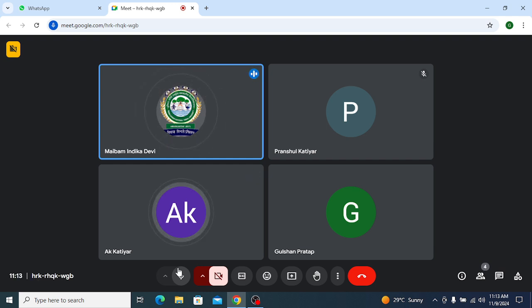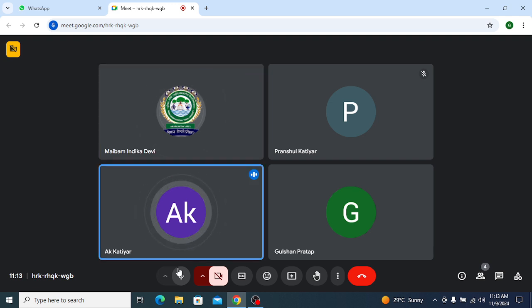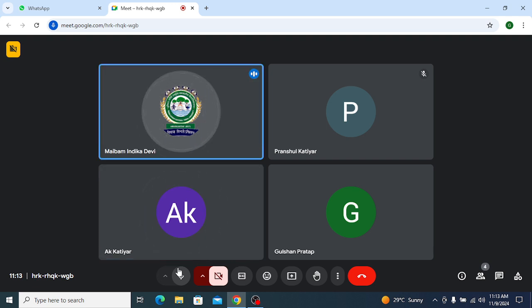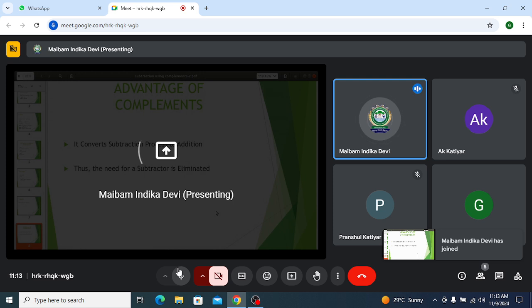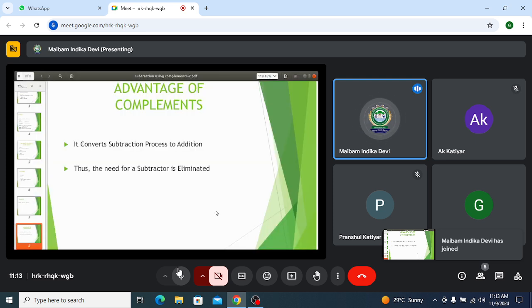Why do we use complements to perform subtraction? If you check properly, you will find that the subtraction process has been converted to addition. You take the complement and then add the minuend with the subtrahend.